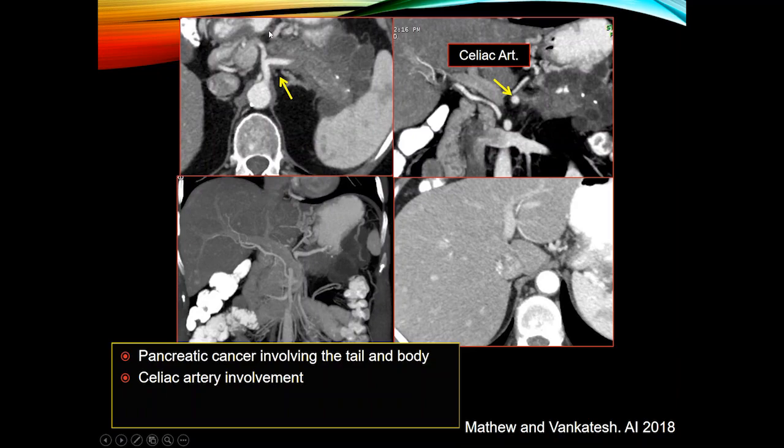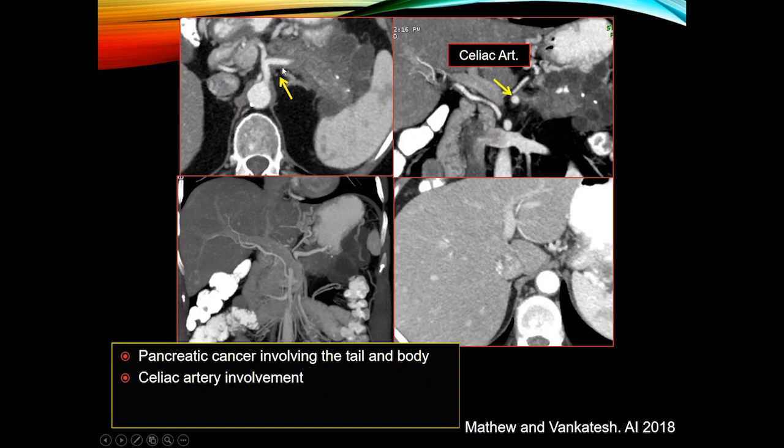Now, oftentimes that's not really a problem, and you just do a distal pancreatectomy and you can get a negative margin. However, in this case, the tumor has infiltrated even further and is involving the celiac artery, and therefore the patient may not be an immediate candidate and probably undergo chemotherapy.